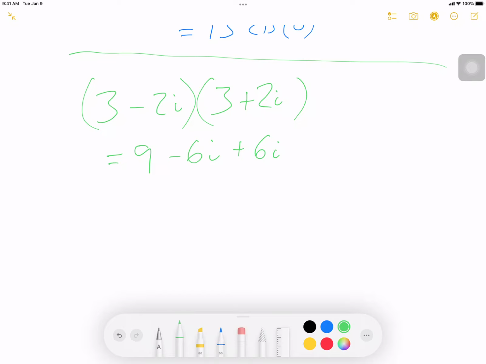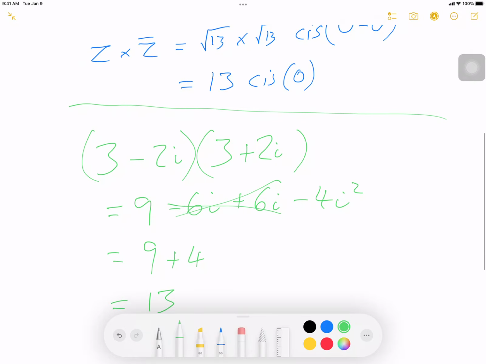I'm not using philo, I know, I'm using FOIL. Minus 4i squared. So then we got 9. Oh, cross those out, don't need those. Then that's going to be plus 4 because the i squared turns into a negative 1. And oh, look, I get 13. The same thing.